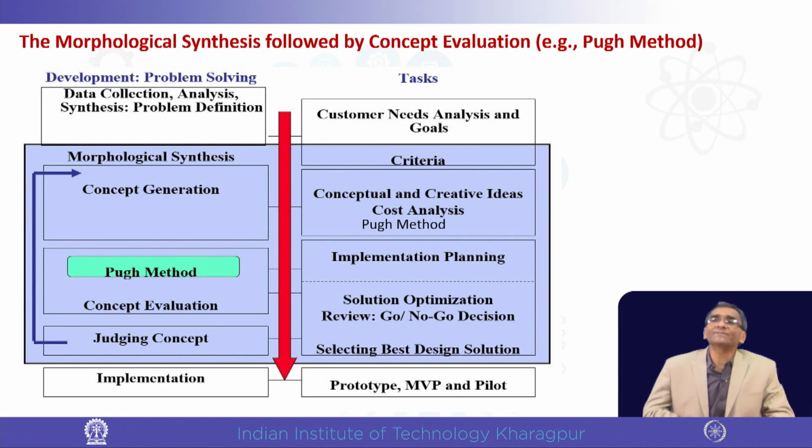Out of a few judiciously selected, say 3, 4, 5 or whatever, when we want to select further to come to a conclusion analytically, logically and quantitatively, we need a systematic concept evaluation technique that we will discuss in our subsequent lectures.